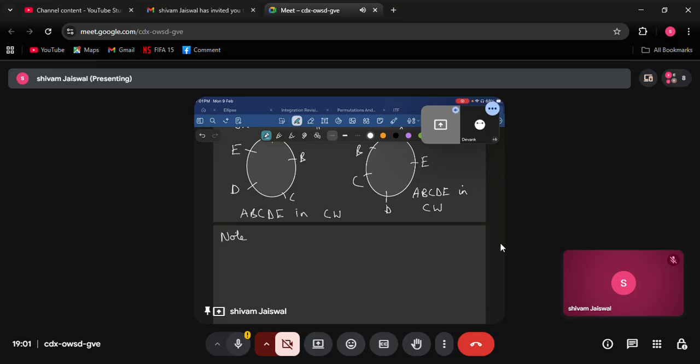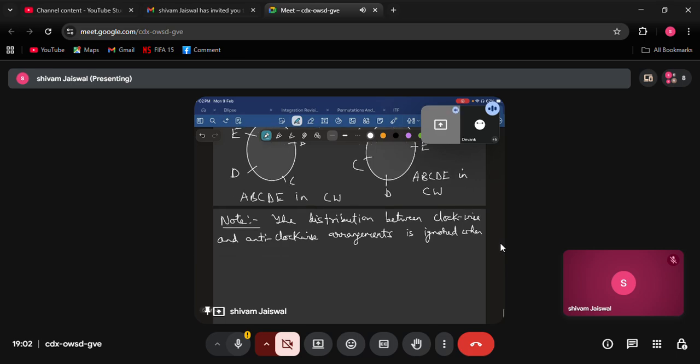Note: the distinction between clockwise and anti-clockwise arrangements is ignored when a number of people is sitting in a round table.